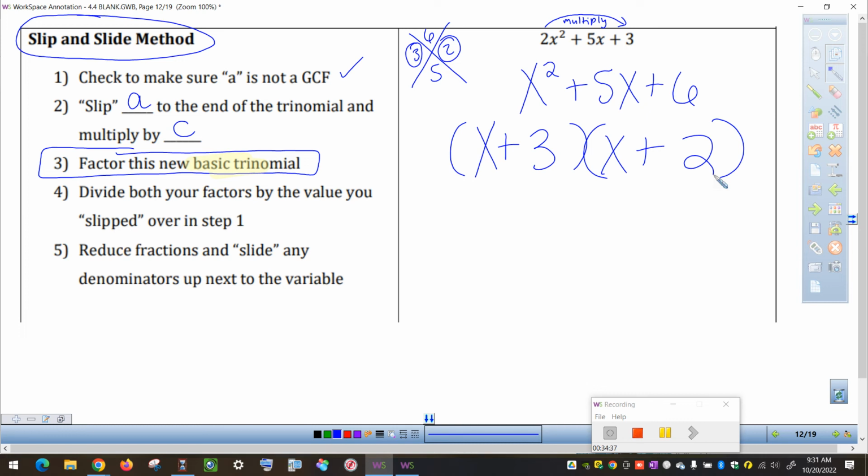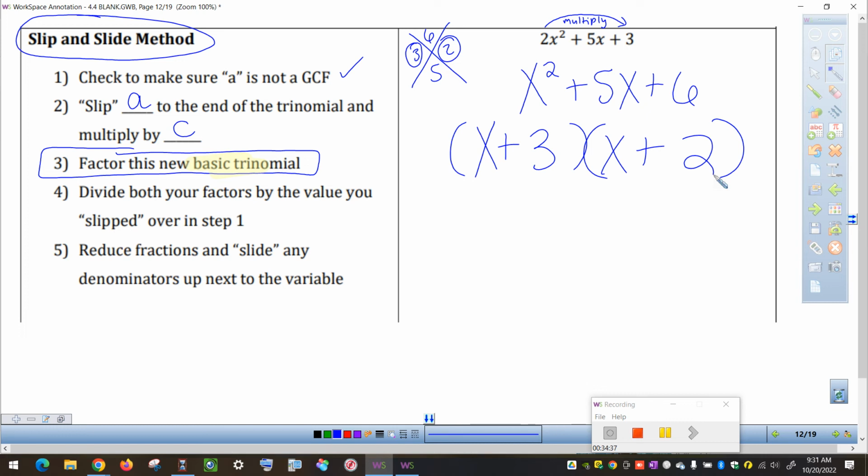So we're not done. Let's go over here and look at step 4. So once we factor the basic trinomial, now we're going to divide both factors, which means the numbers in the parentheses with the x, we're going to divide them by the number that we flipped over in part 1. So remember how we multiplied over that 2 at the very beginning?